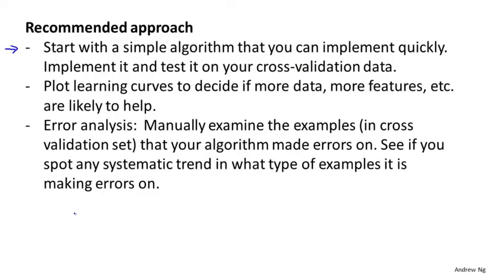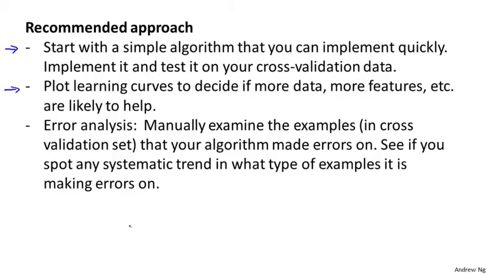When I start with a learning problem, what I usually do is spend at most one day, like literally at most 24 hours, to try to get something really quick and dirty, frankly not at all a sophisticated system, running, implement it, and then test it on my cross-validation data. Once you've done that, you can then plot learning curves.